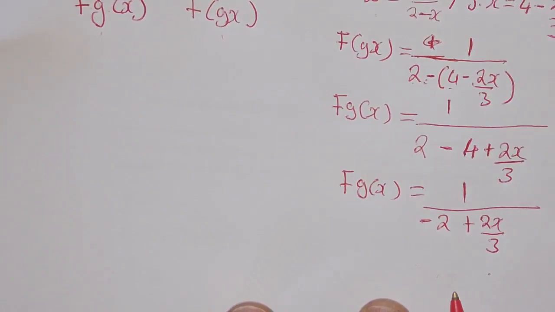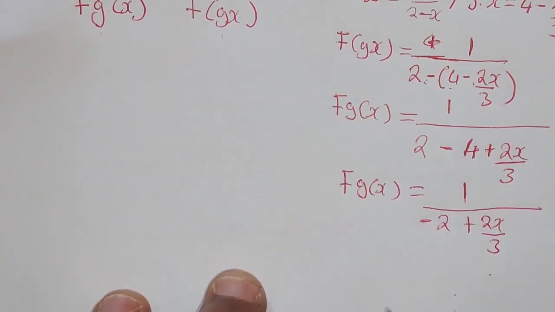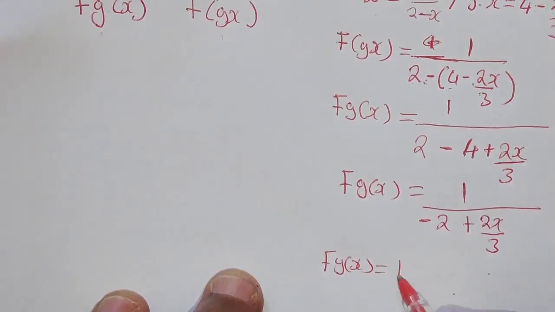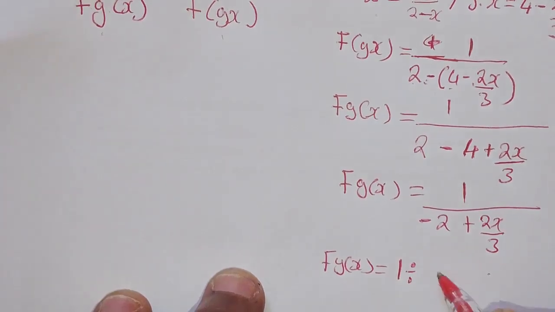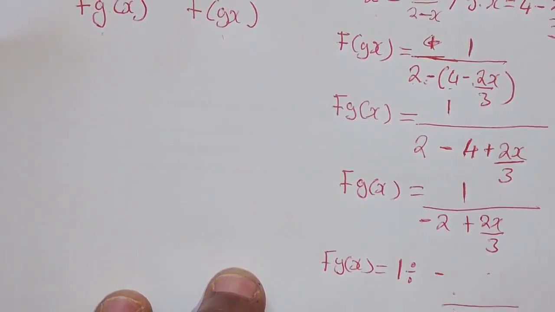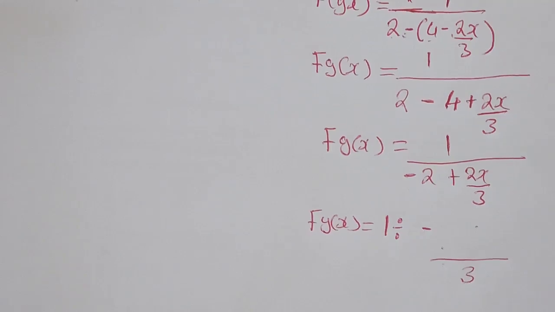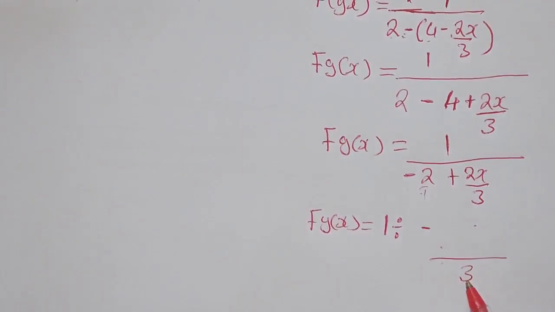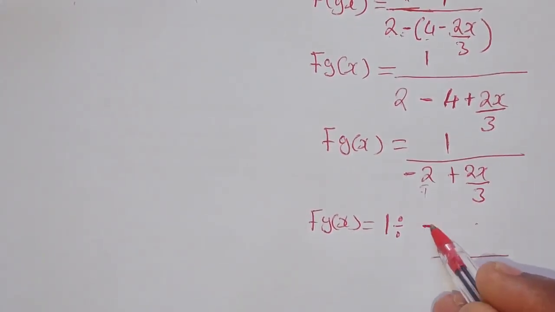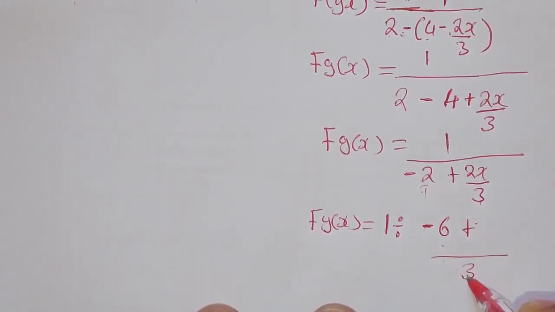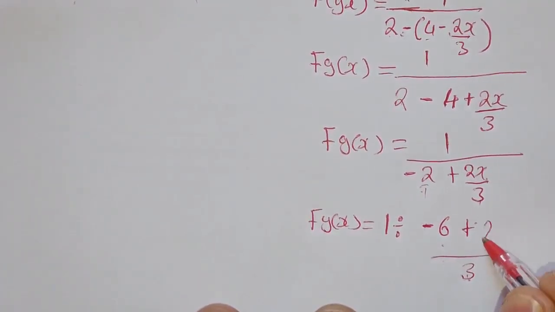So fg of x is equal to 1 divided by, with common denominator 3, we do 1 into 3 to give us 3 multiplied by negative 2, so negative 6, plus 3 into 3, 1 multiplied by this gives us 2x.